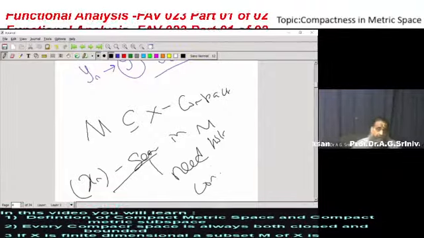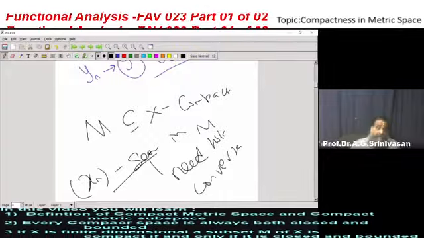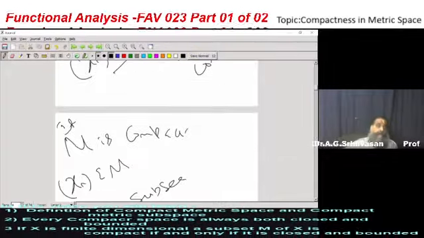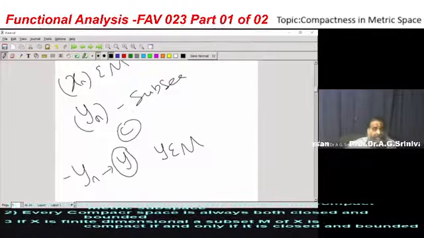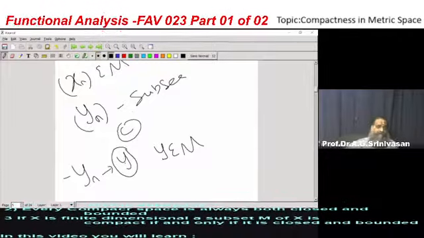I'm not saying the sequence converges, but the subsequence converges if it is compact. If M is compact, the subsequence converges, and the limit must be from M.